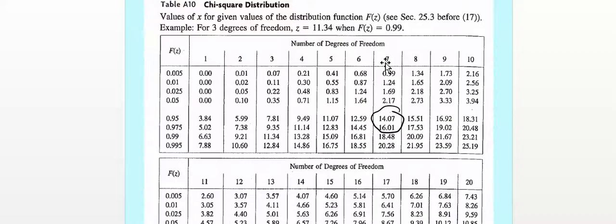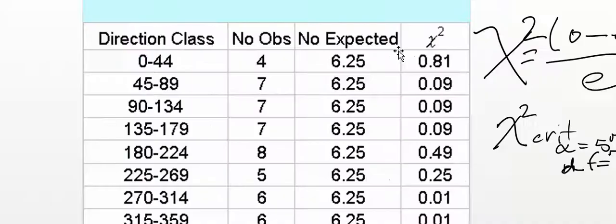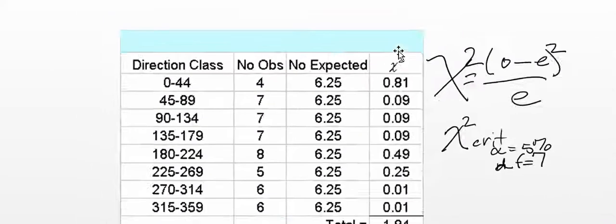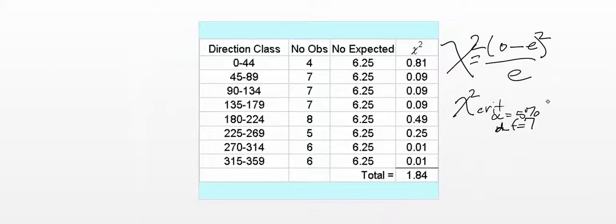Oops, wrong table. Here's the right table. I got 14.07 for my critical value of chi-squared. My degrees of freedom is 7, 8 categories minus 1. So 14.07. Zoom back out.